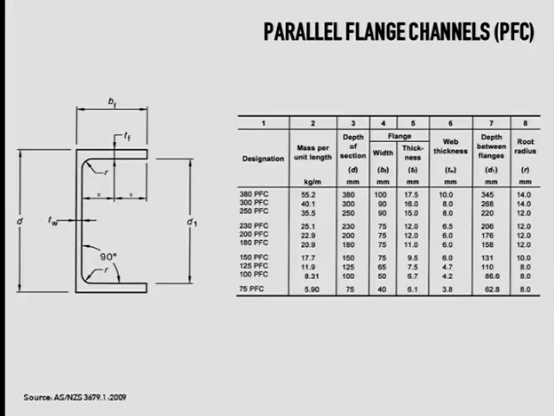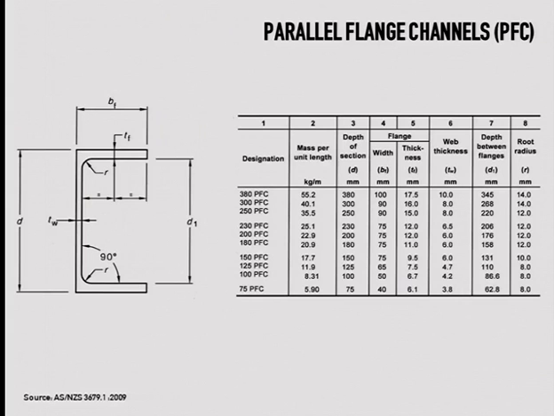And in other cases, maybe there is an aesthetic intention and structure is not the concern every time. So what we want to achieve maybe is to attach something onto that surface, so we need that clean and flat surface. So we have this parallel flange channel. So these are profiles that can be used, according to design needs.